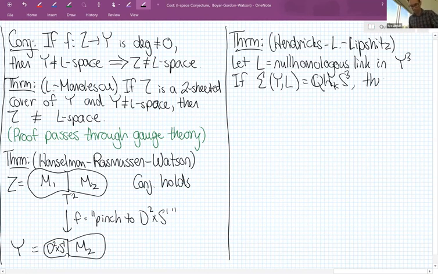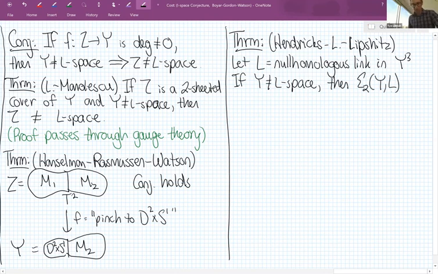Sorry, let me phrase this better. Just say that if Y is not an L space, then the branched double cover of Y branched over L is not an L space. So again, this is just a general property of what we expect for these kinds of covers.